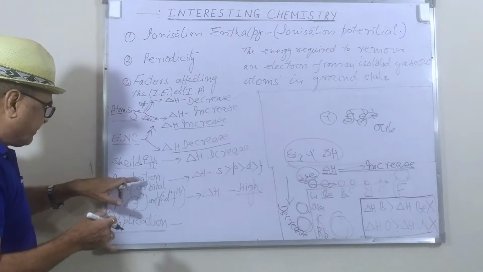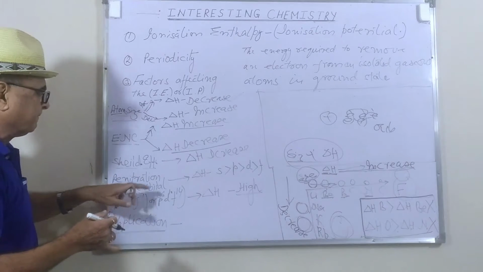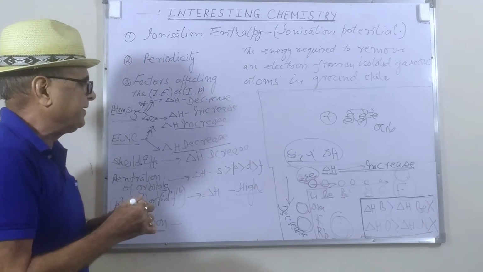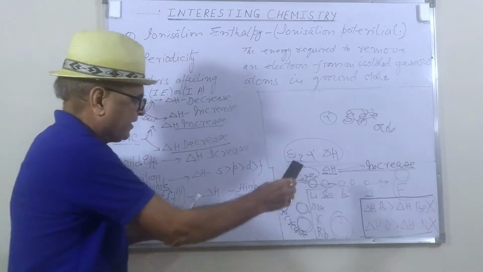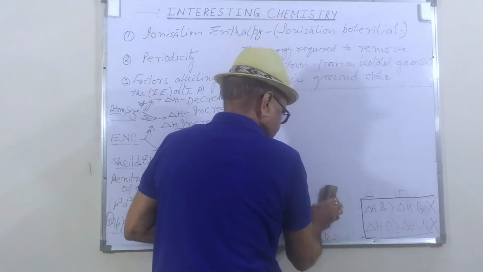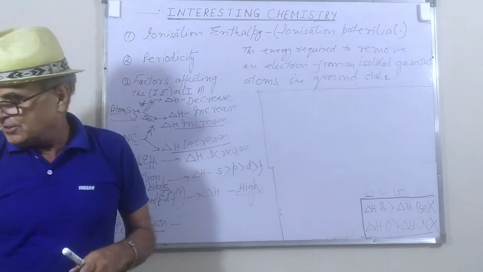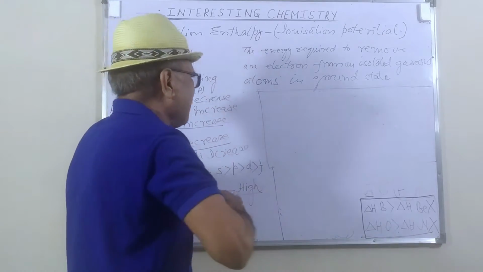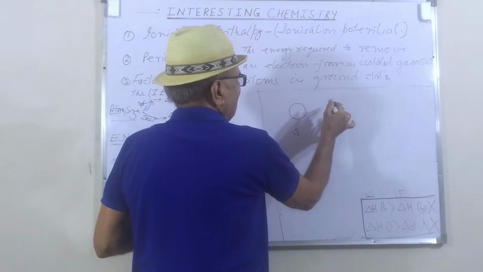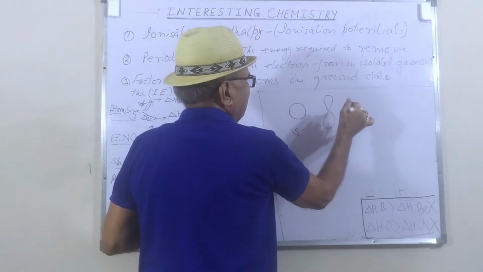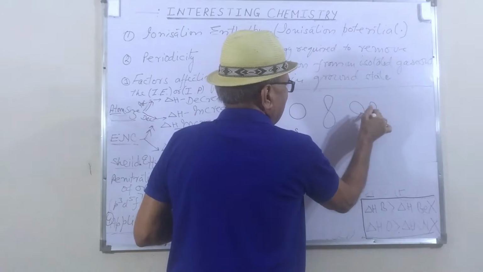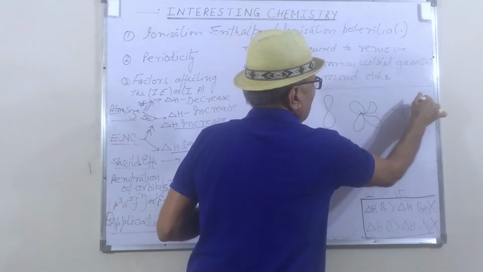Again, the penetration of the orbitals. What do you mean by penetration of the orbitals? I think you have understood all this. I will remove this. Penetration relates to the shape of the orbitals. S is round, P is dumbbell, and D is double dumbbell or complex.